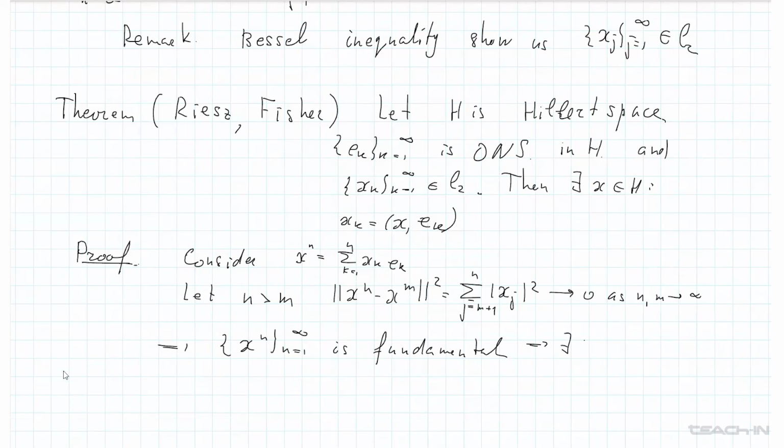So the limit exists. Define it as x. It's clear that the Fourier coefficients of x are just x_k. Yes. So we have all the instruments to prove the existence of a basis in a separable Hilbert space.